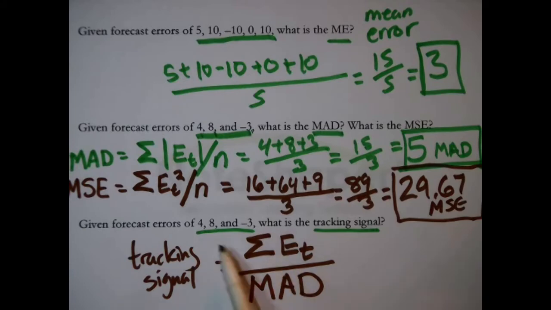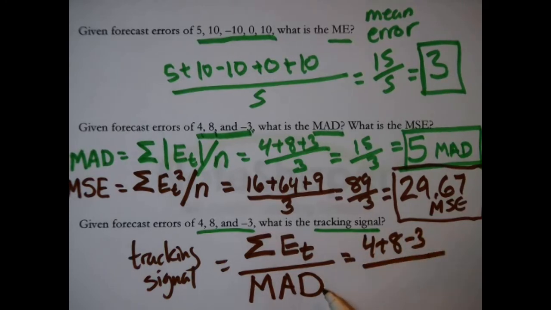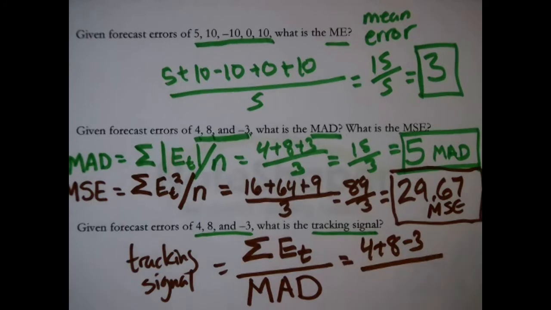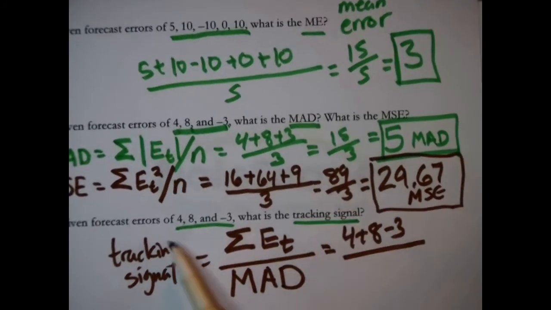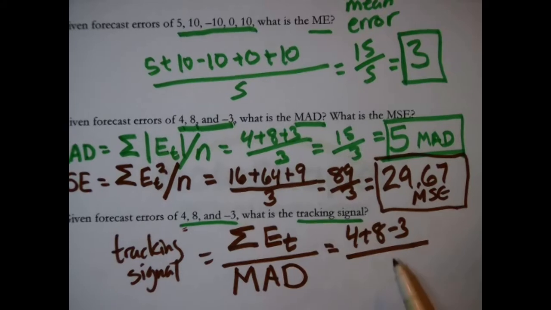So for this problem, first off, in the numerator, I would just want to add 4 plus 8 plus a negative 3, or 4 plus 8 minus 3. In the denominator, I'd want to divide by the MAD. Actually, I have the MAD because it was that same set of errors from up here. The mean absolute deviation is 5. If you average just the absolute values here, that's 5.